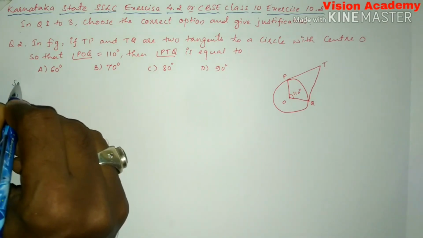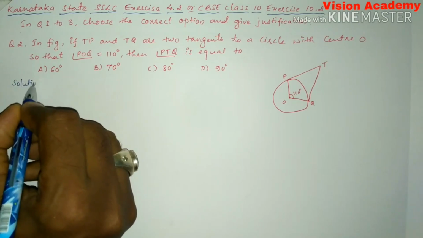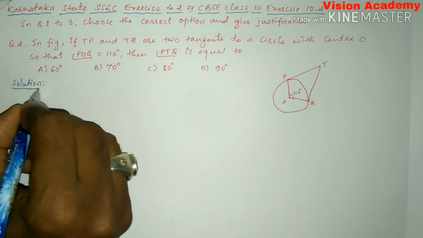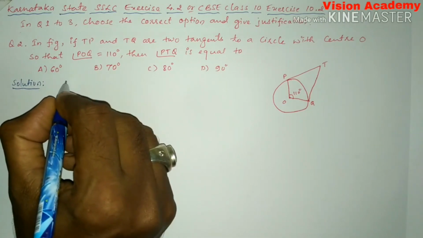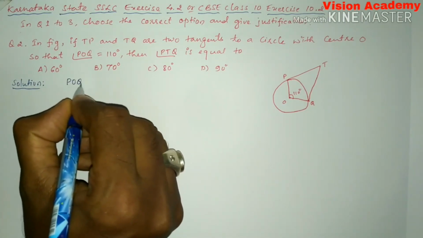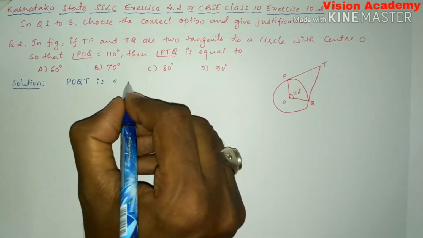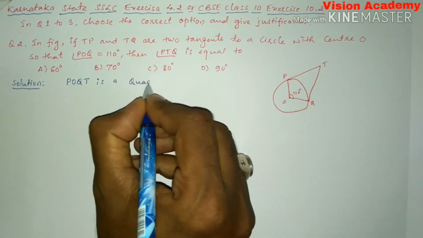Now let us write the solution for the given problem. Here we will write POQT is a quadrilateral.